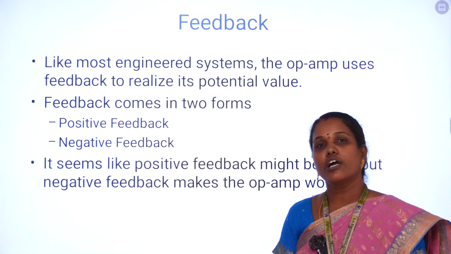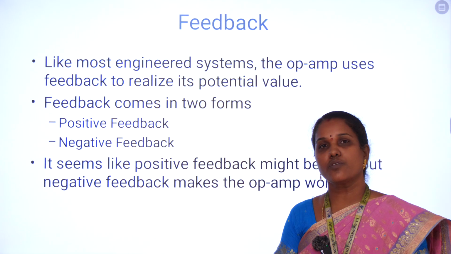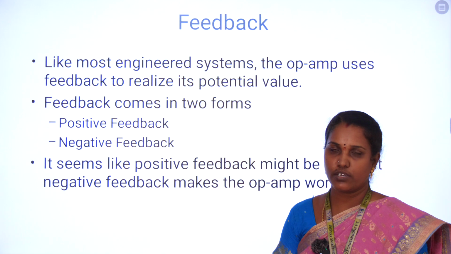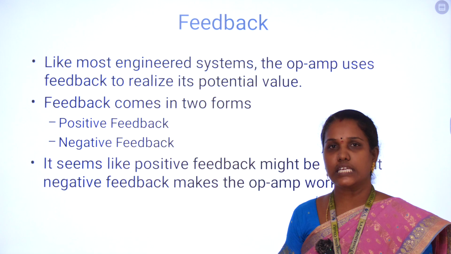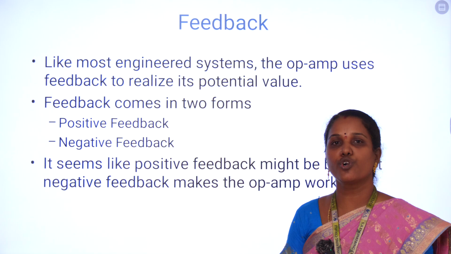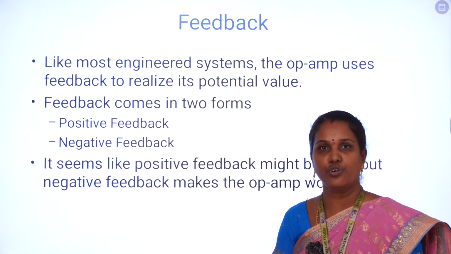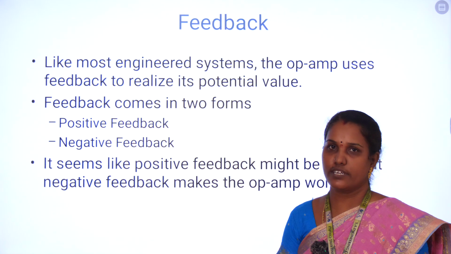If we increase the voltage gain, what will happen? Increasing the voltage gain affects the bandwidth of these signals. Otherwise you can say that when the bandwidth increases, the voltage gain is unstable. So to maintain a stable output voltage or stable gain, you can go for frequency compensation techniques.